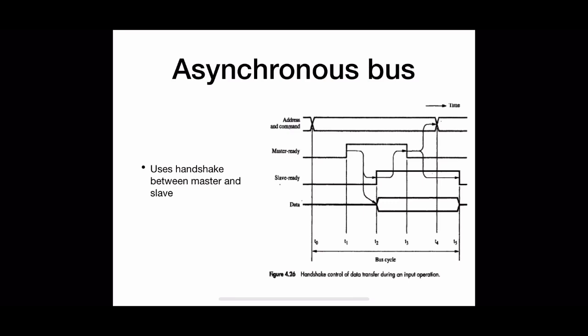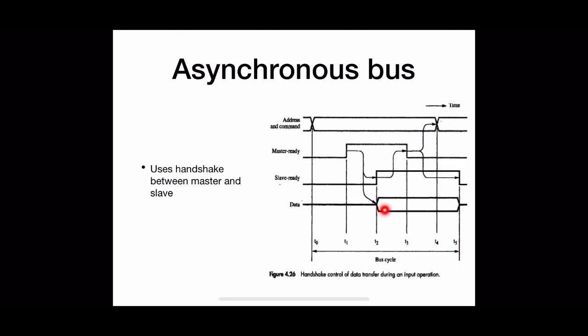We can see how it works. So here is the sequence of events for an input operation in the case of an asynchronous bus. Initially the bus master places the address on the address lines and the corresponding read command on the control lines. After that, it asserts a master ready signal to indicate to all the devices that it has done so. On seeing this, all the devices connected to the bus decode the address, and the device which was actually addressed, that is the slave here, performs the required operation.